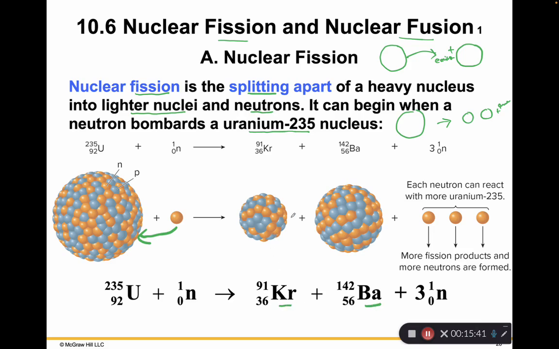We have here two nuclei, krypton with mass number 91 and barium with mass number 142. In the meantime, we also get emissions of 3 neutrons. You can see these neutrons are capable of going back and hitting some new uranium, and that reaction can go on, and then we end up making chain reactions.